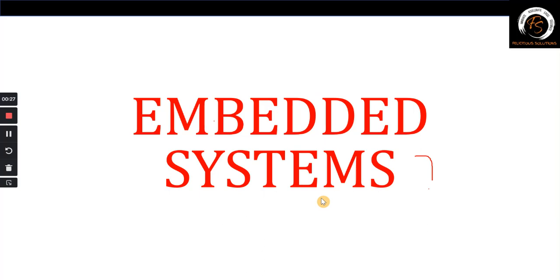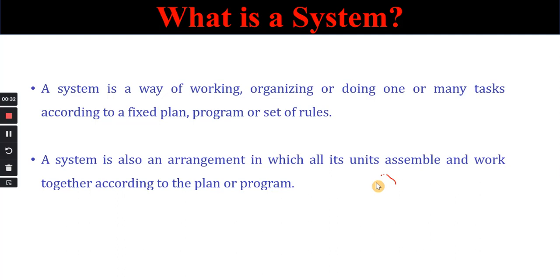What is a system? A system is a way of working, organizing, or doing one or many tasks according to a fixed plan, program, or set of rules. Simply, a group of components or a group of parts which work under a set of rules is also called a system. Why are we calling them a system?